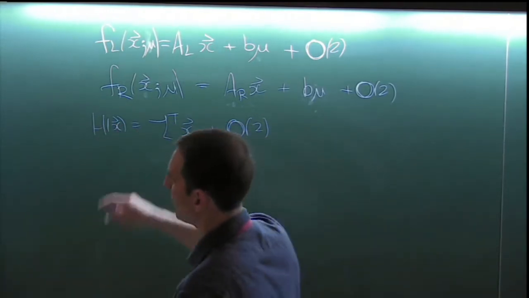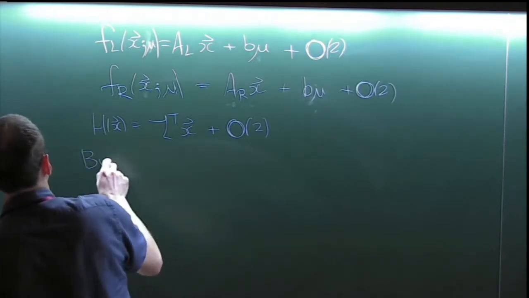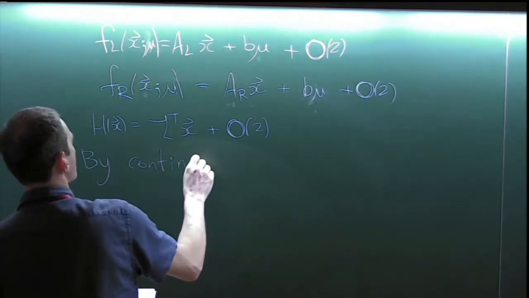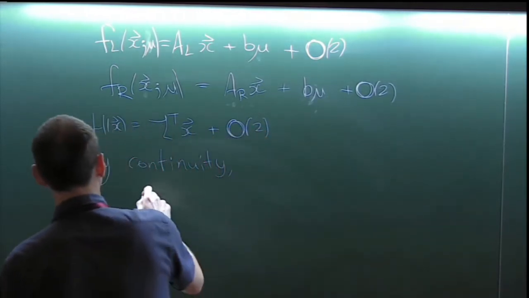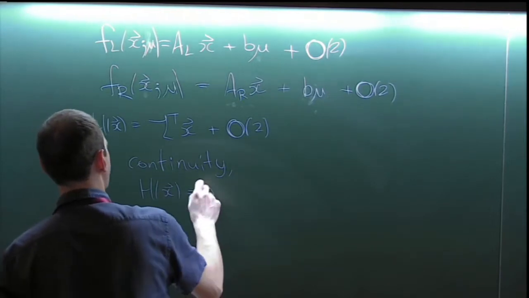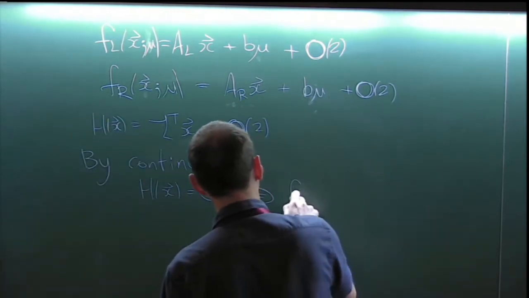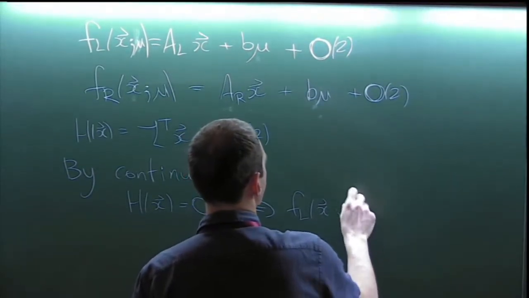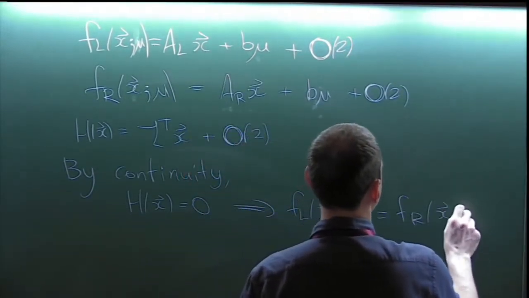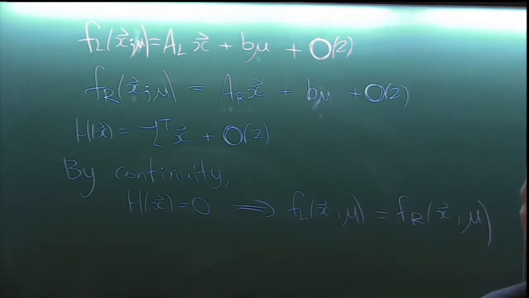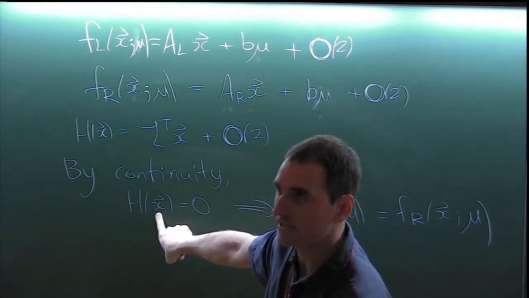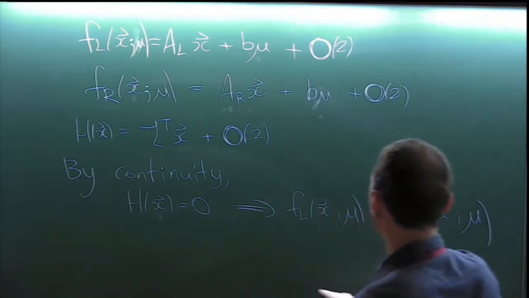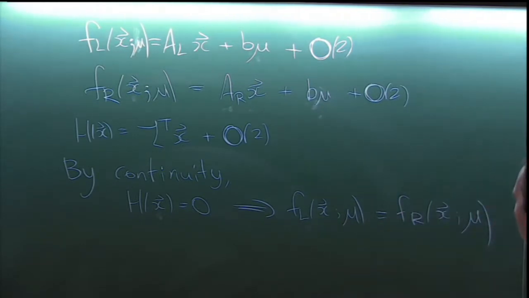So by continuity, what it means for the system to be continuous is that for any vector x for which h of x is 0, I have to have FL equals FR. And this is also for all mu.